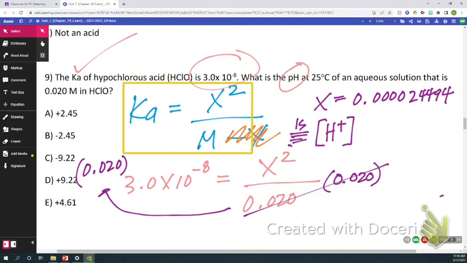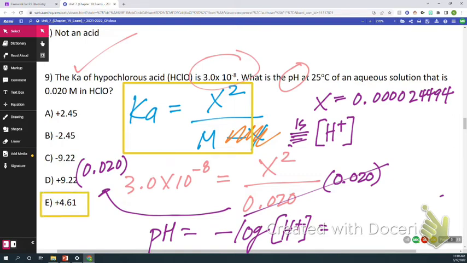What's the equation? Negative log, right? Remember, pH is equal to negative log of H plus. So negative log of H plus, and I got 4.61.